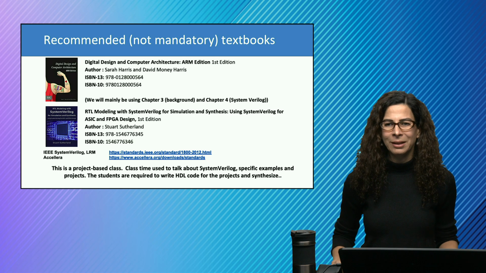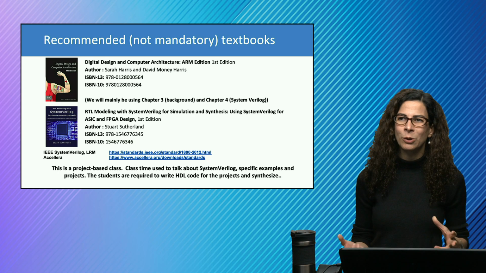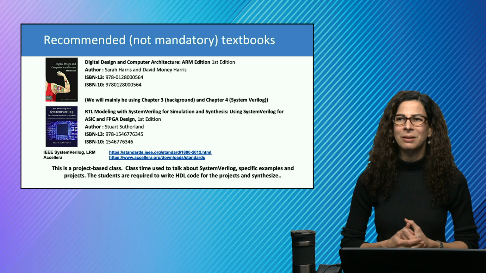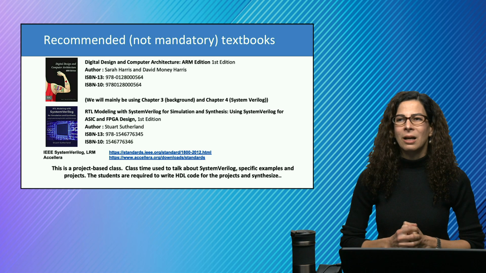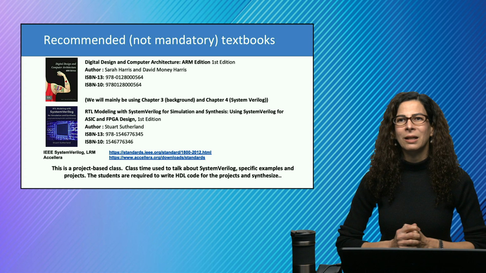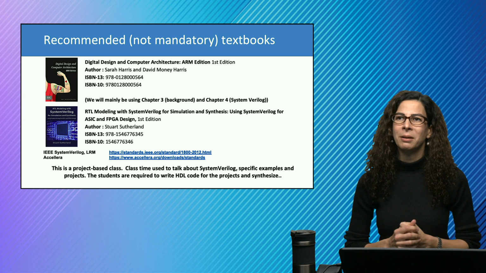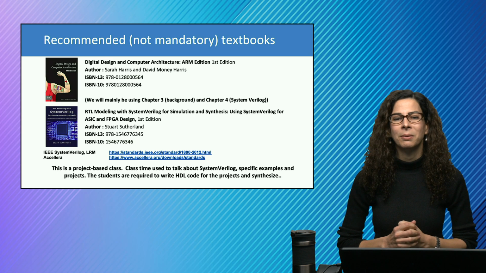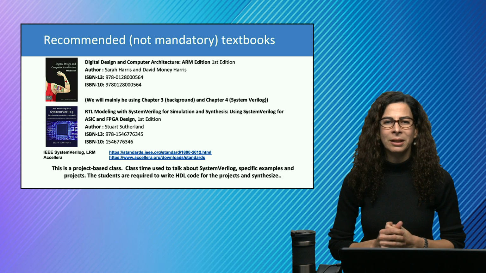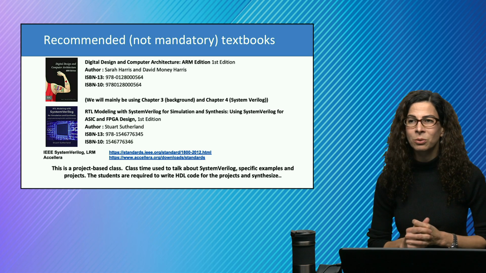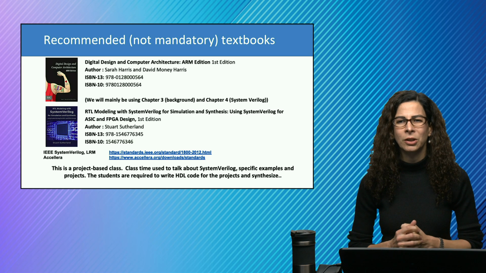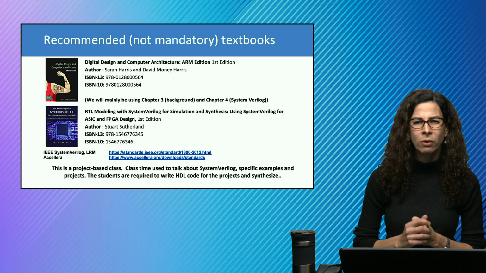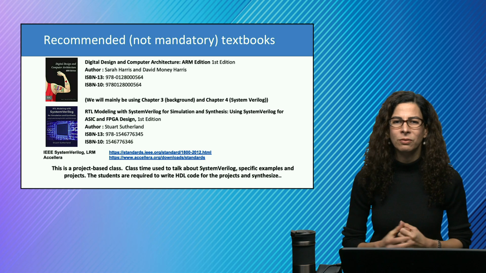I try to make my course so that you don't need to really buy a book. We make the slides comprehensive, and hopefully these videos will help you understand the parts that may be missing if you just looked at the vanilla slides. But there are 2 books that are recommended if you want to have a book as a reference. Some people like to have that. The Digital Design and Computer Architecture by Harris and Harris. You probably have used that in your logic design course. The chapters we will be using in this course are chapters 3 and 4. There are multiple editions of this book.